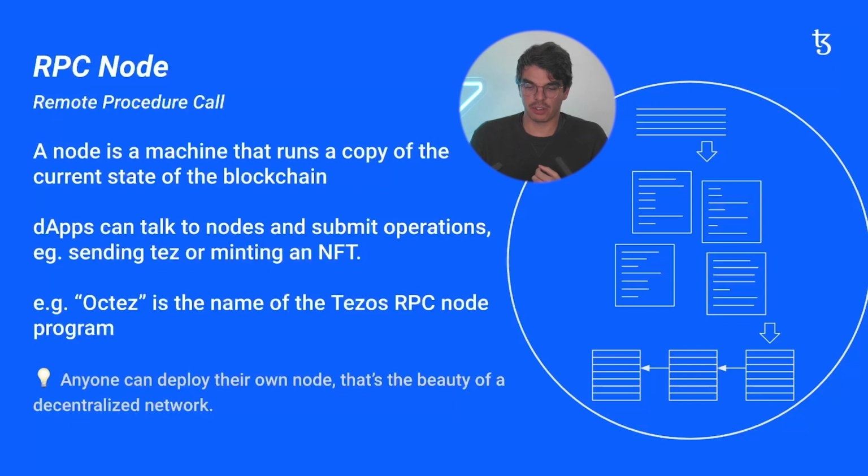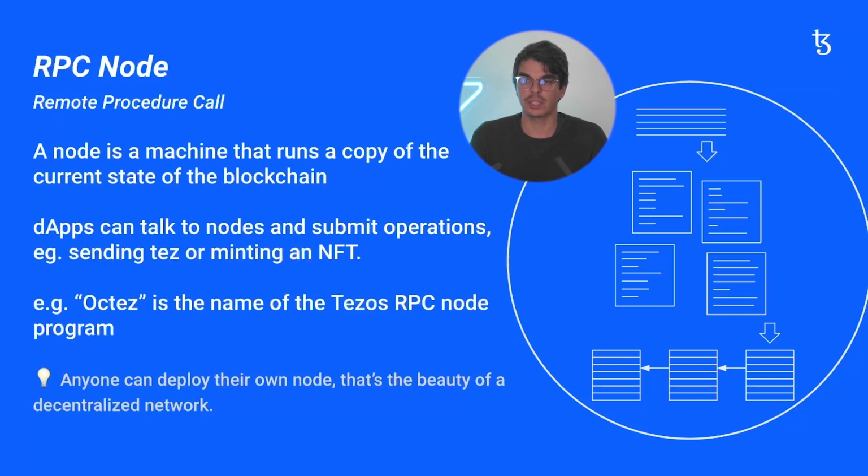So in this diagram on the right-hand side here, this is the diagram / icon that we're going to use throughout this episode specifically and a little bit throughout this whole course to represent an RPC node. It has quite a lot going on. You don't need to worry too much about the details, but hopefully this visual representation of an RPC node might help you understand what's actually going on.